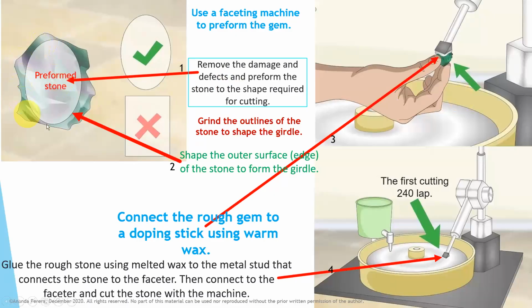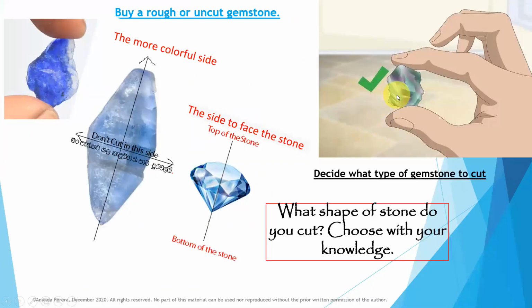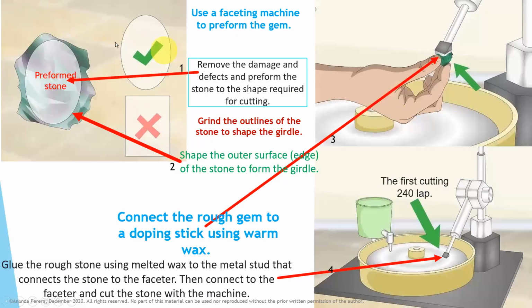Now that is the stone. We showed it earlier. See, this is the stone. Now we are ready to preform. When we check the stone, the outer side, look at this. Beyond the oval shape, this area includes cracks, feathers, bubbles, big bubbles, and a lot of unwanted things.